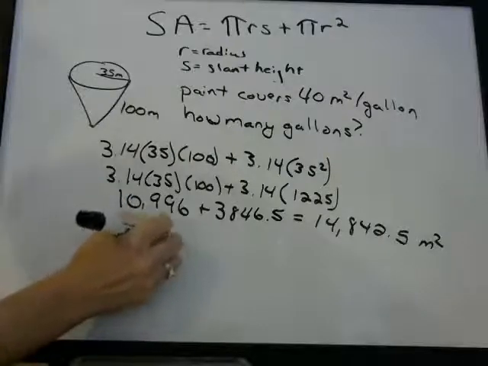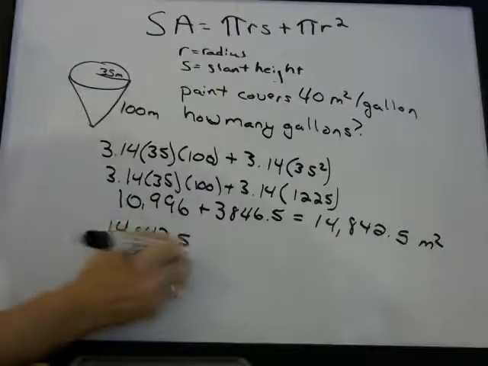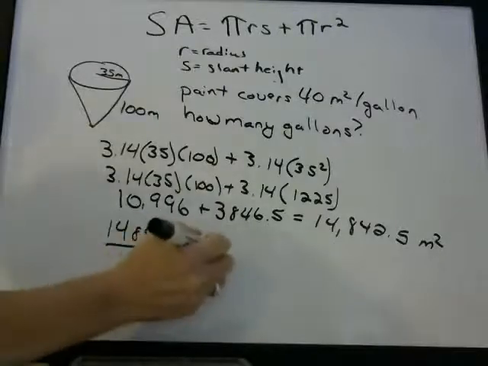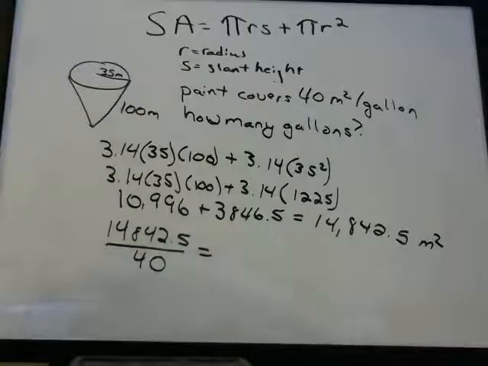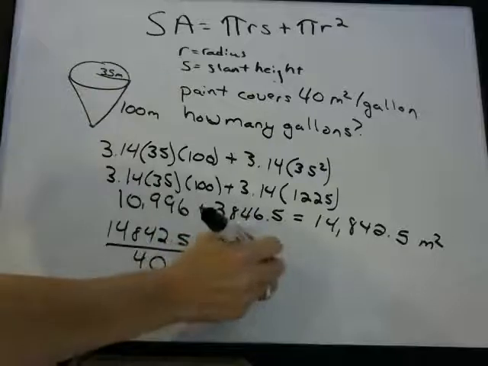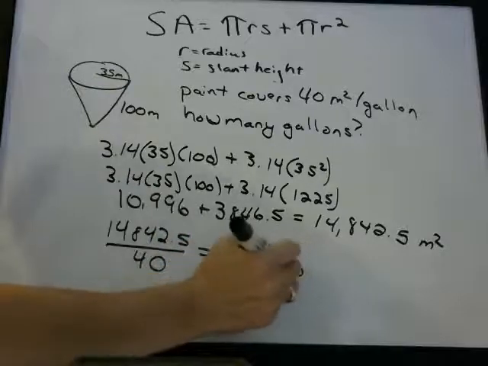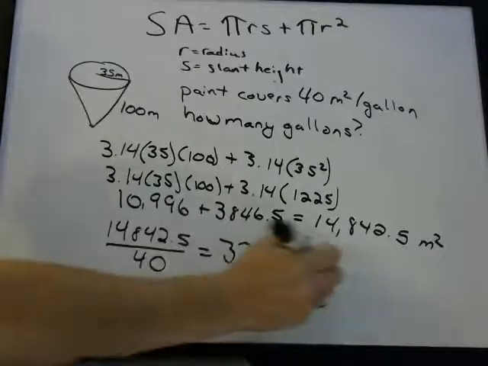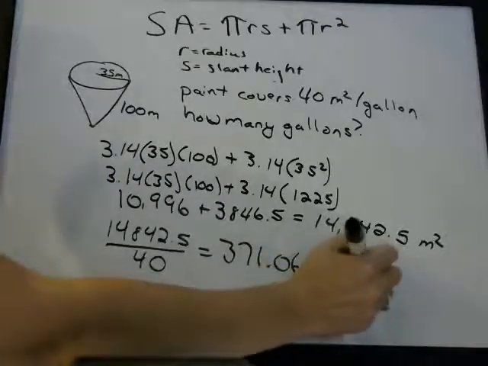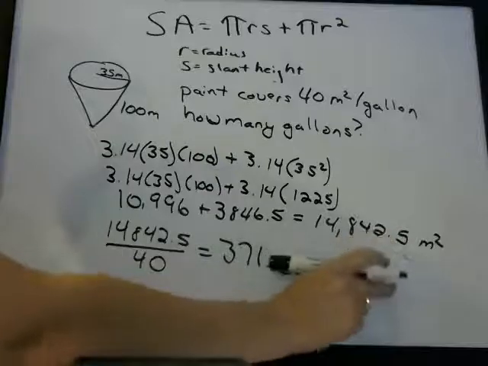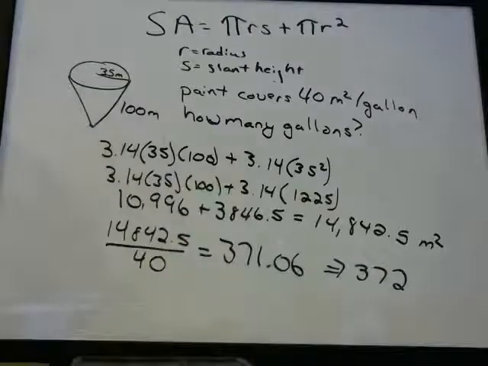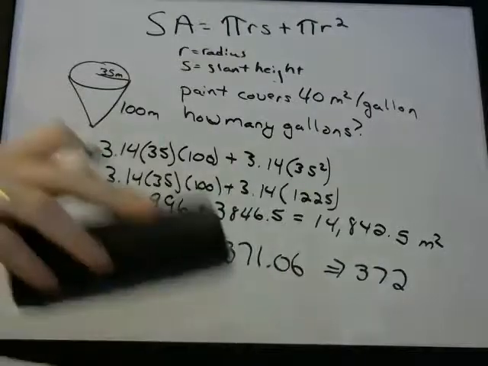You just do the division. 14,842.5 divided by 40 is going to give you 371.06. You can't buy 6/100ths of a gallon, so you have to buy 372 gallons. And that's the answer to that question.